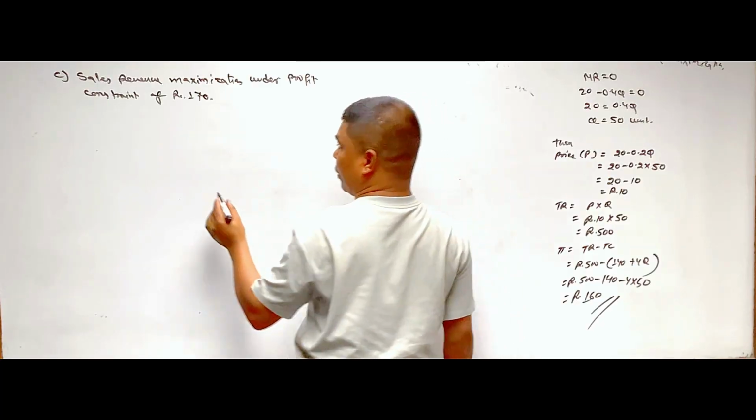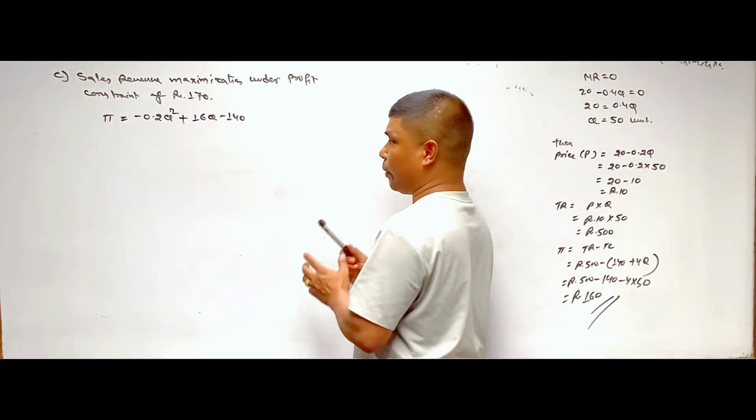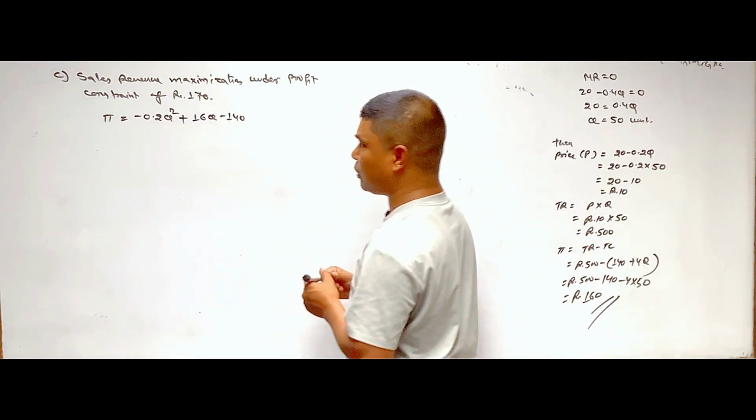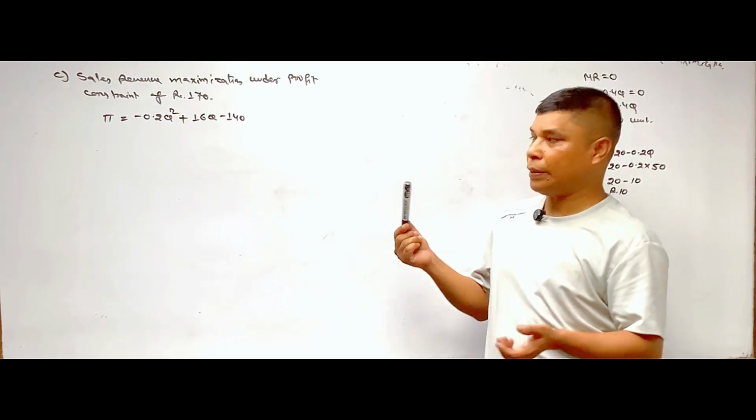To achieve this goal, we know that profit equals minus 0.2q square plus 16q minus 140, which we have already calculated in the previous part.